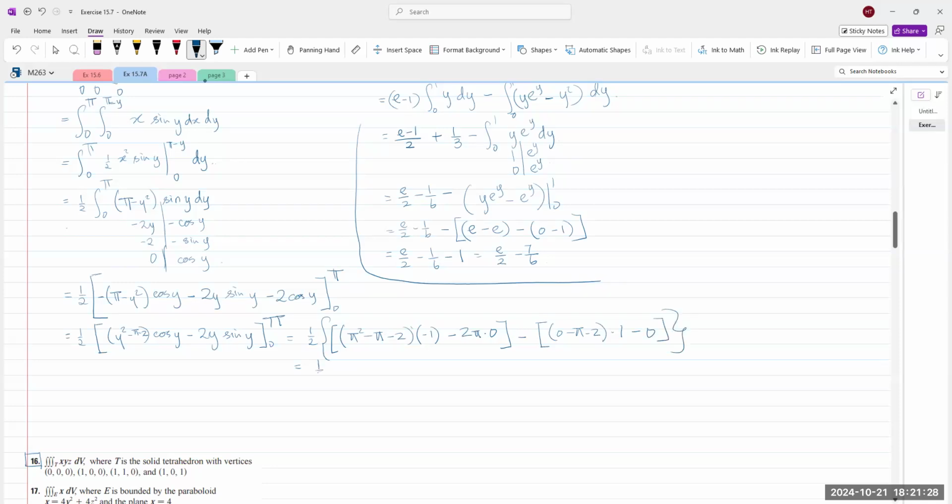Okay, so that's 1/2. 2 plus pi minus pi squared plus pi plus 2. Okay, so that will be pi plus 2 minus pi squared over 2. I hope this is the correct answer.